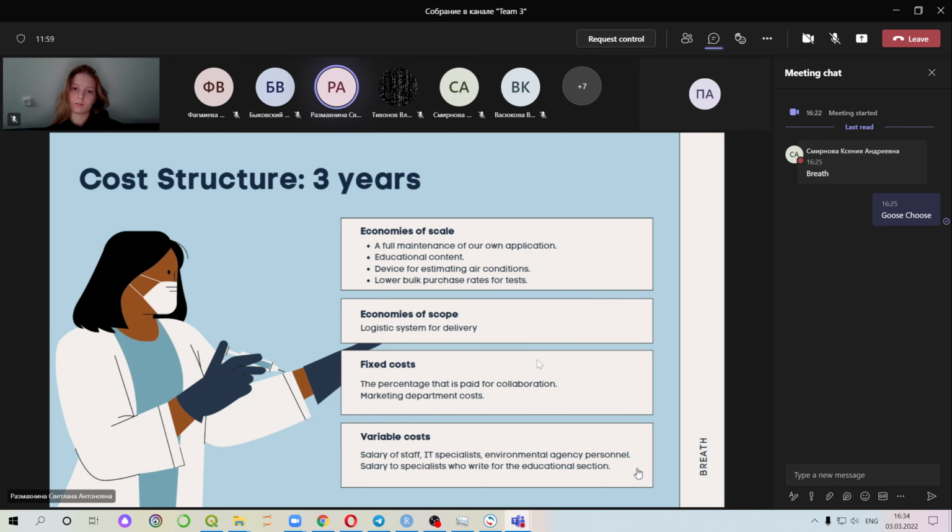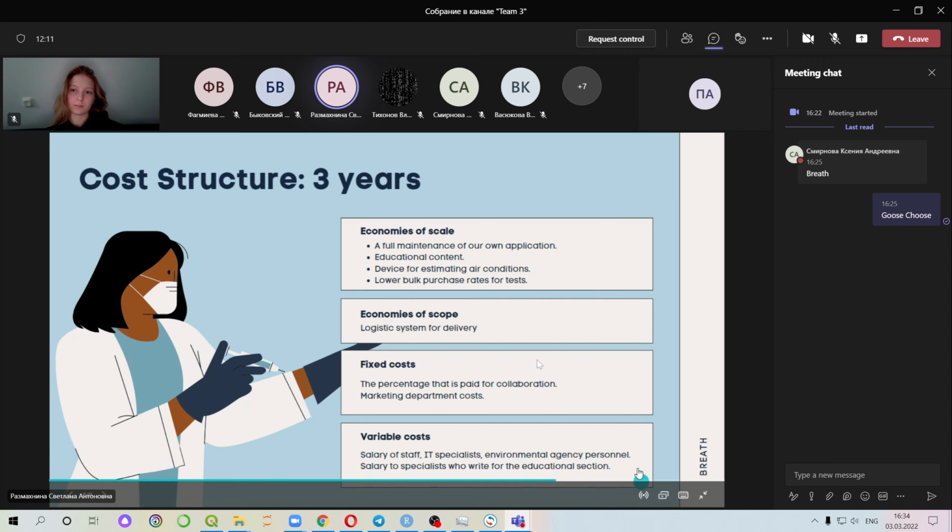Variable costs: salaries of medical staff, IT specialists, environmental agency personnel, and salaries to specialists who write articles for the educational section. So, those are all the main costs.